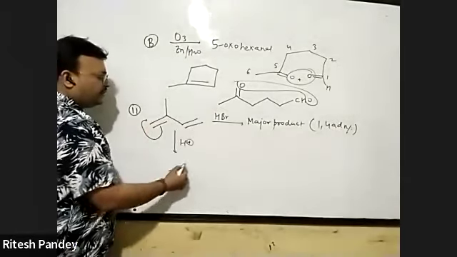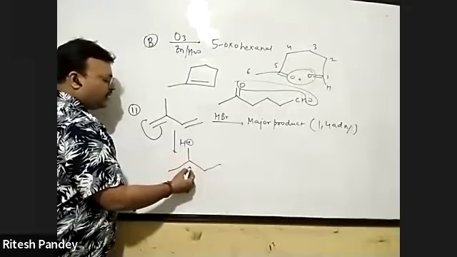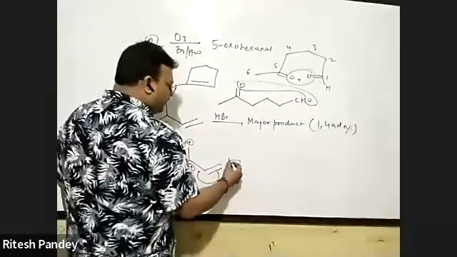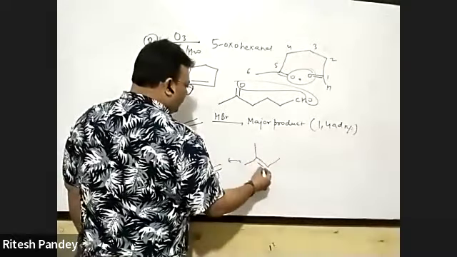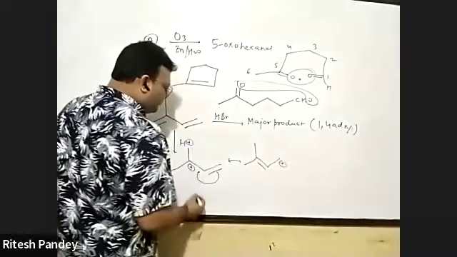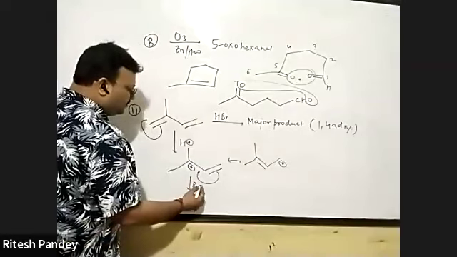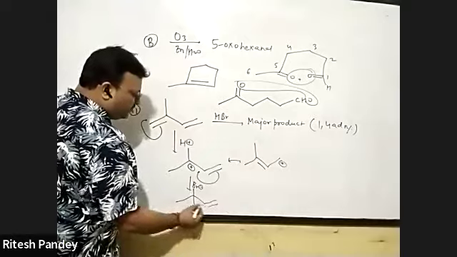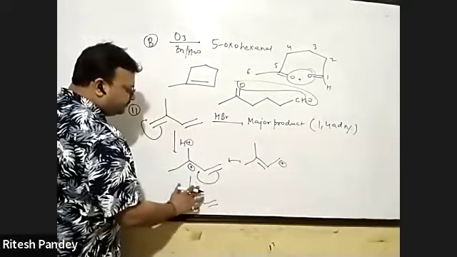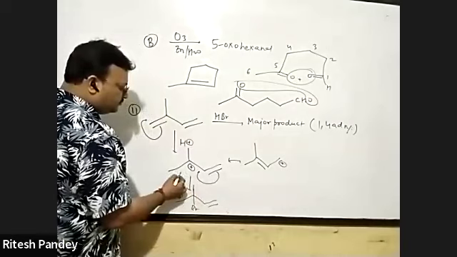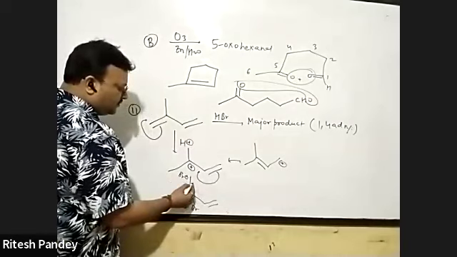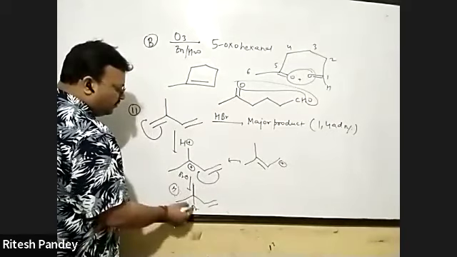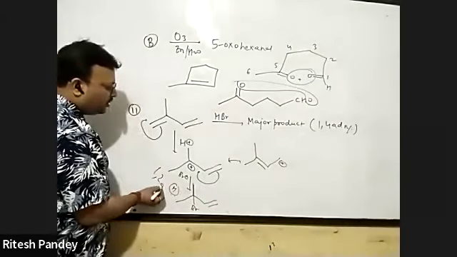And with H plus, you will get a carbocation like this, and naturally, the resonating structure would give another carbocation like this, and this with Br minus would give this as the product. This could very well be taken as the 1,2 addition product because hydrogen is attached here, bromine is attached here. Yes or no?